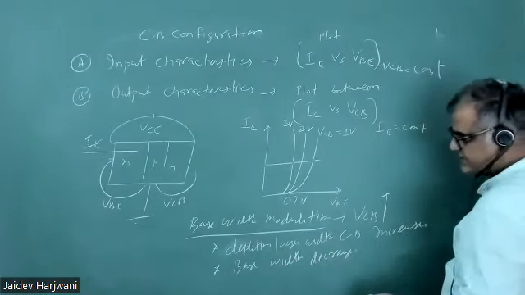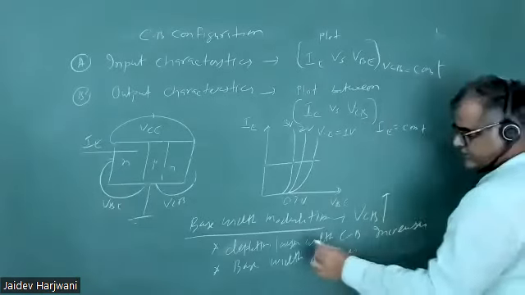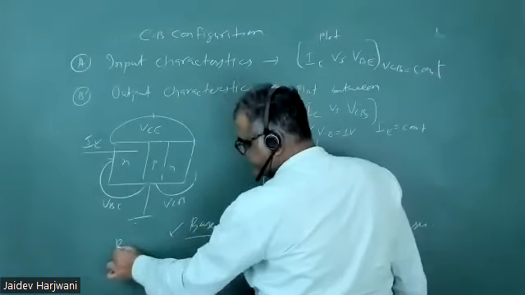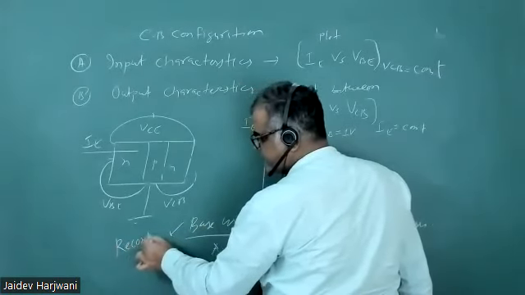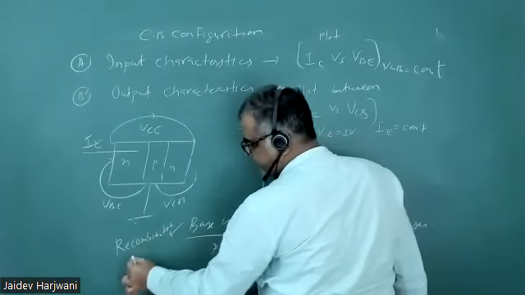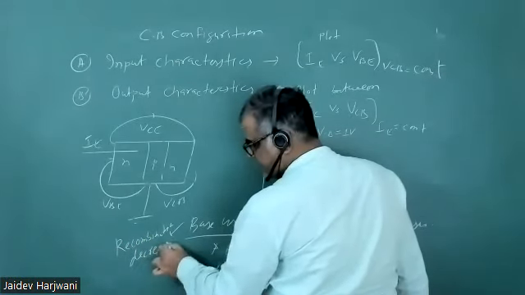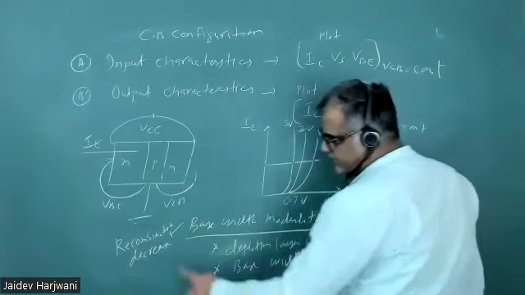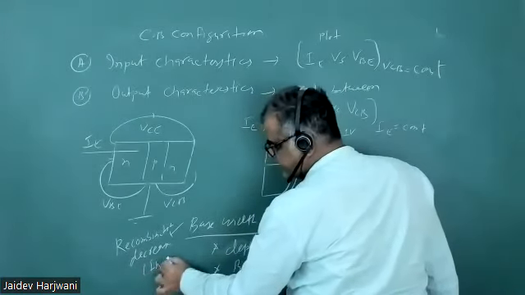When the base width decreases, recombination decreases. Recombination decreases means your IB decreases.